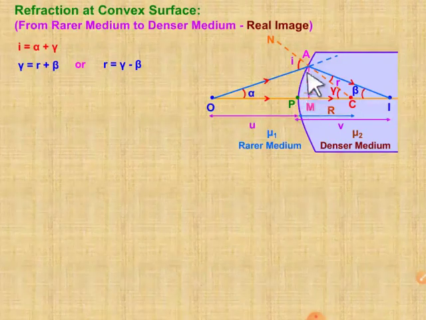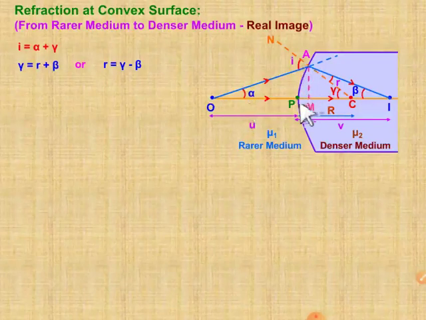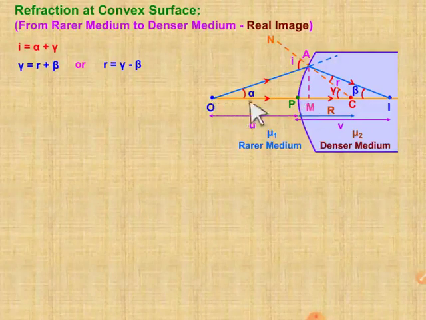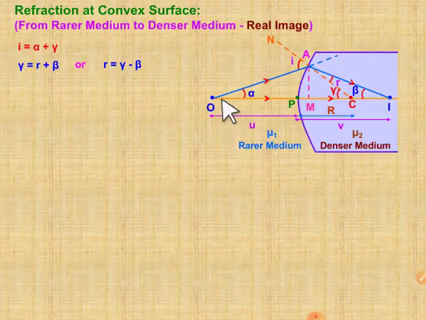From this right triangle OAM, if we take the tangent of alpha, then tangent of alpha will be equal to the perpendicular AM over the base OM, or rather MO. So alpha will be AM by MO, and instead of MO we can replace it by PO.